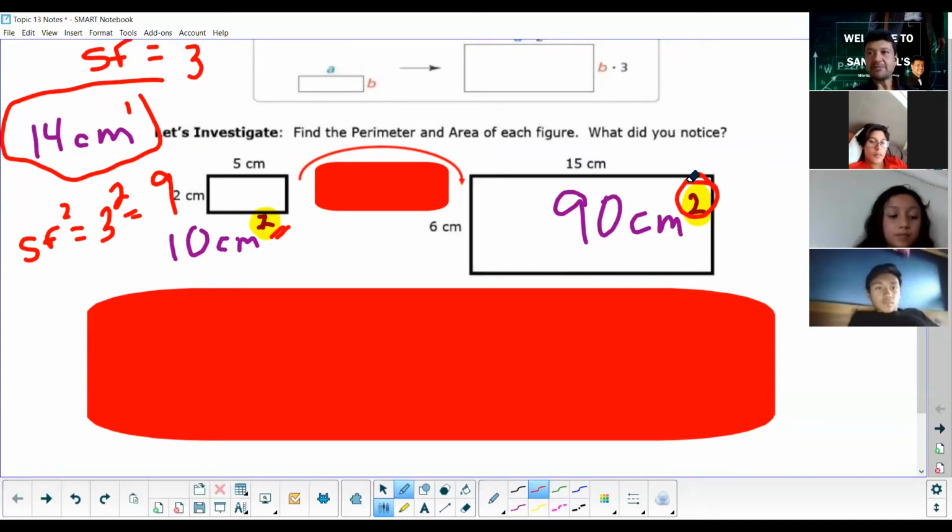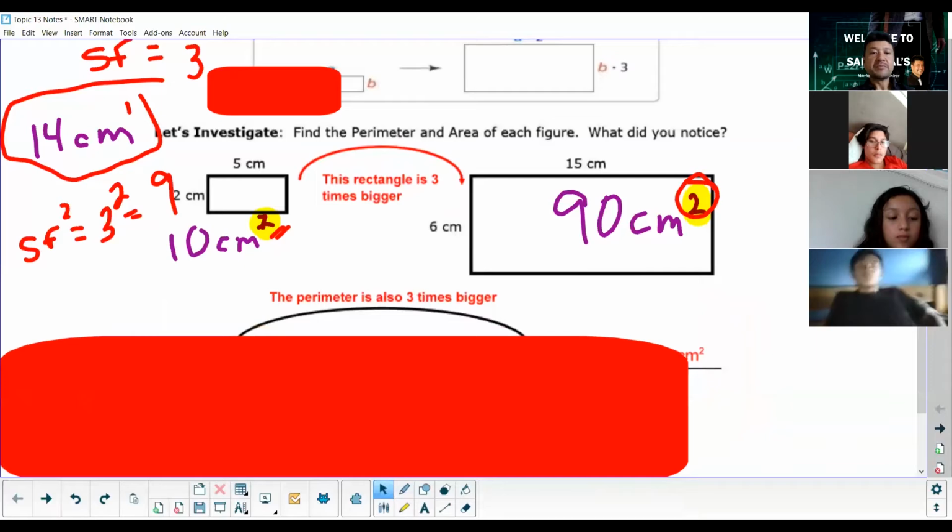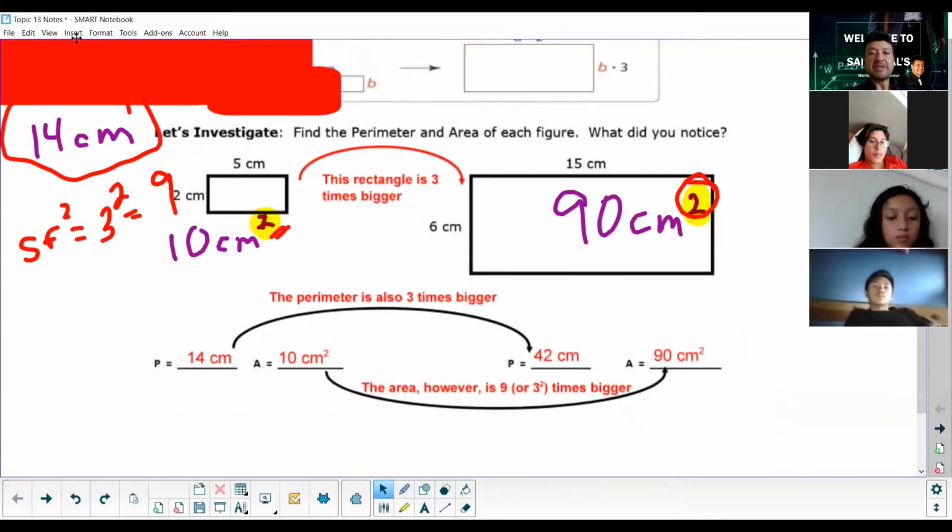That's where it becomes very important to look at the units, and then you can see the relationship, how area affects it all. So all these boxes kind of talk about the same thing. Rectangle's 3 times bigger, and perimeter's 3 times bigger, but the area is square. All right, excellent. Okay, so now we got all our tools to actually start solving our problems.